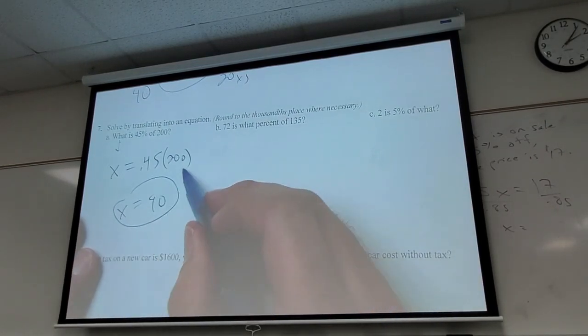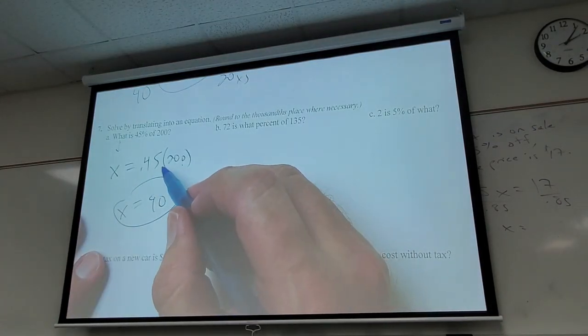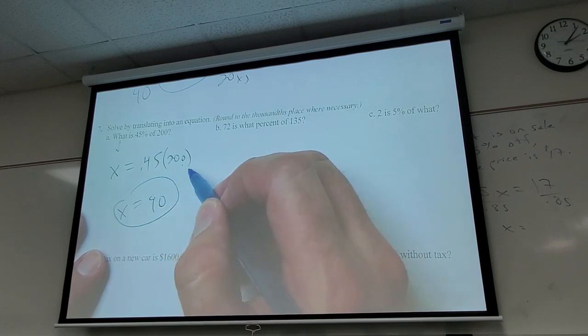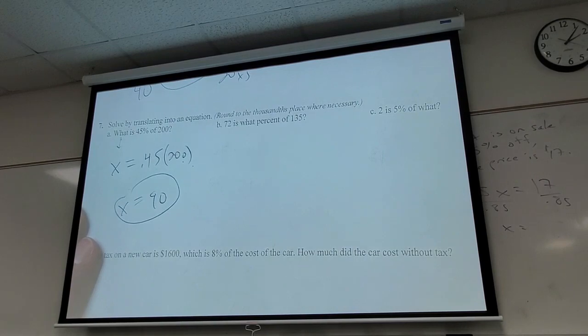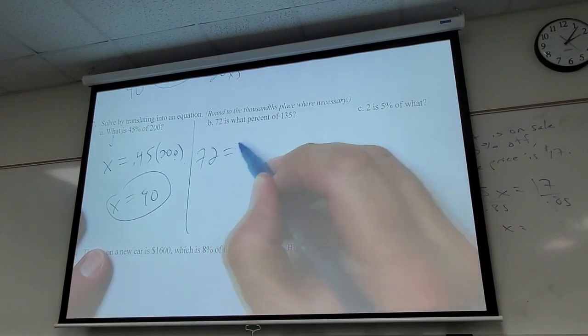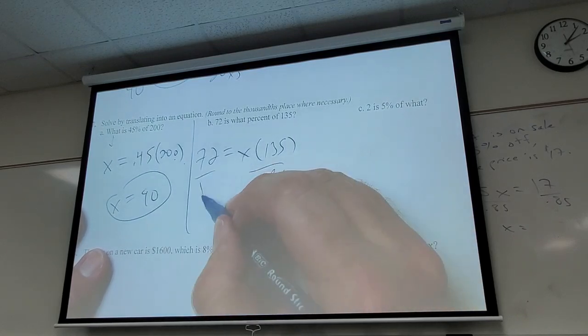Kimber, somebody showed me something. Oh yeah, they did half of 200 is 100, therefore 0.05 would be 10, 100 minus 10 is 90. So you can kind of do like we did, constructing what we need. This would be 72 is what percent of 135, so then of course you just divide.